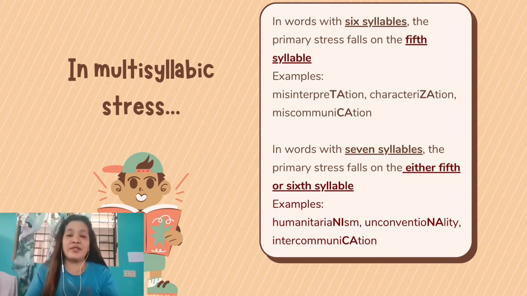And in words with 7 syllables, the primary stress falls on either the fifth or the sixth syllable. Examples for that are humanitarianism, unconventionality, intercommunication. The stress falls on the fifth or the sixth syllable of the words.